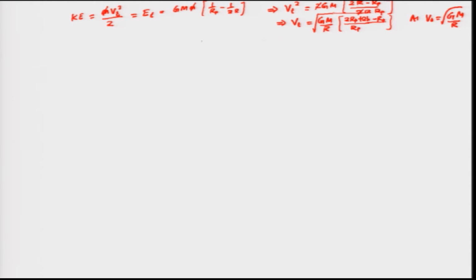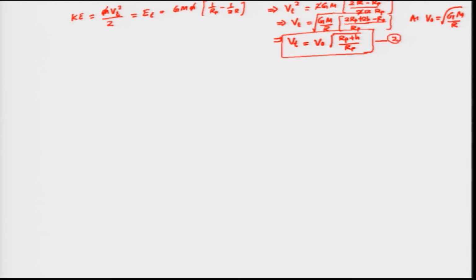So, therefore, I can write V t is equal to V naught, this is square root of R p plus H divided by R p. So, this is your expression for the total velocity.